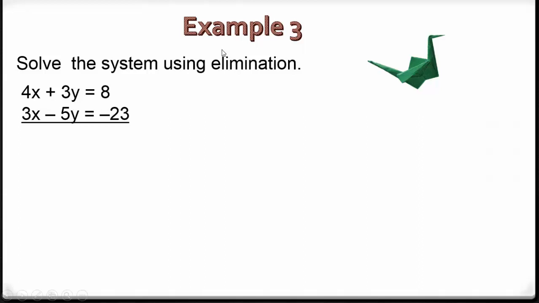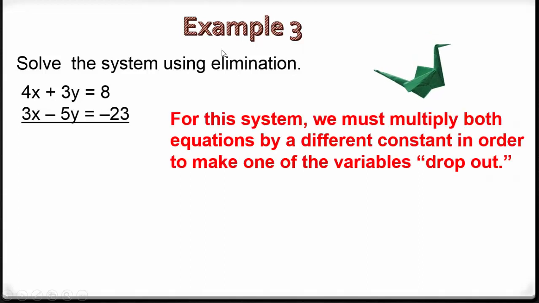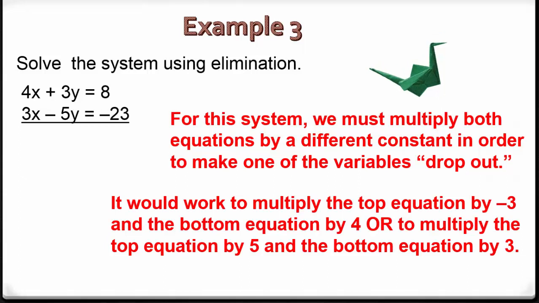Reviewing what we just did on the whiteboard, for this system we must multiply both equations by different constants in order to make one of the variables drop out. It would work to multiply the top by negative 3 and the bottom equation by 4, or to multiply the top equation by 5 and the bottom by 3. So I'm going to multiply the top by 5 and the bottom by 3.